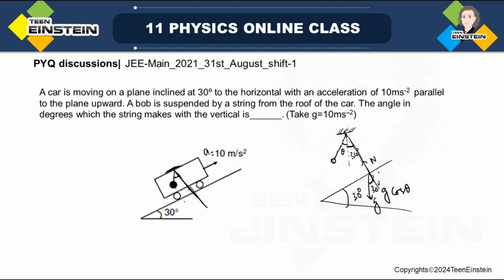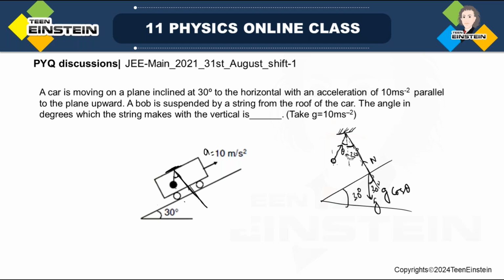So here look what happens with the bob. What are the forces acting on the bob? If I just consider tension, the tension will be acting like this, parallel to the inclined plane.